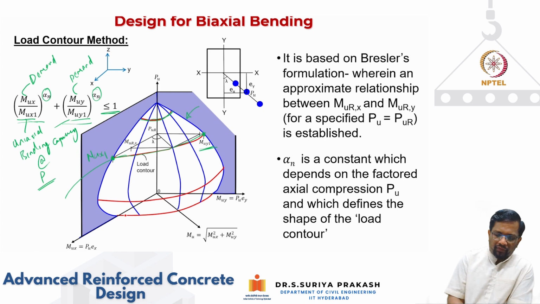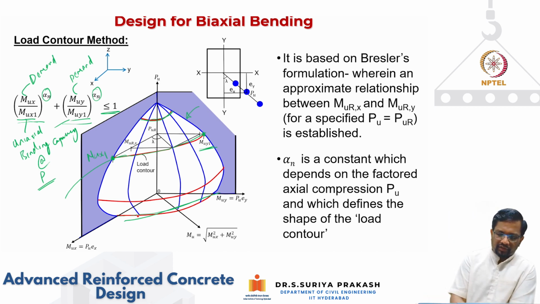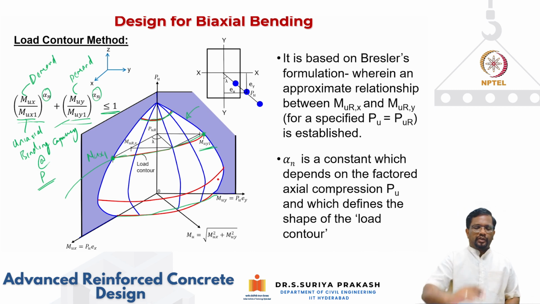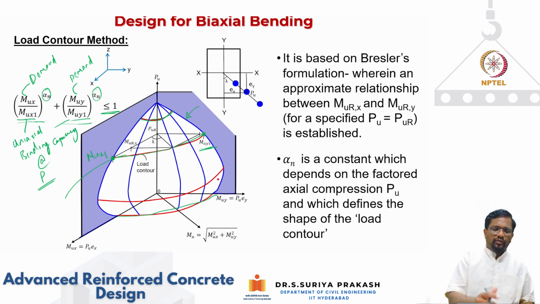At very low levels of axial compression, this can be approximated as a linear equation, so it can be idealized as a line. Similarly, at intermediate levels of axial compression, alpha n is going to vary between 1 and 2. That's how it works.